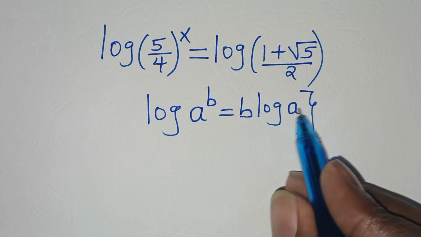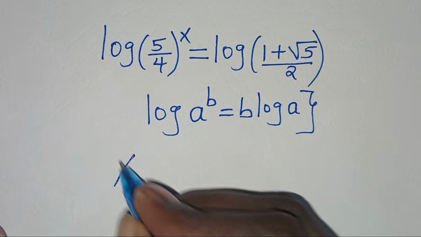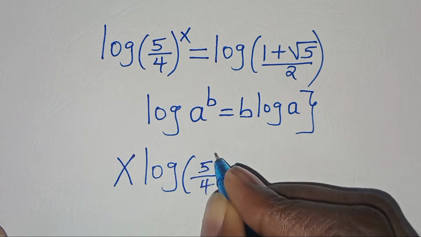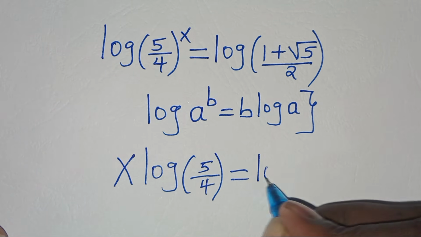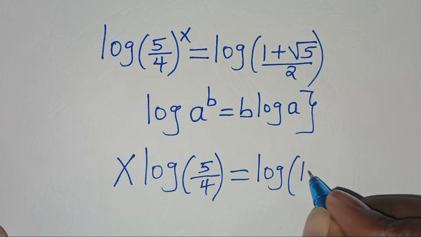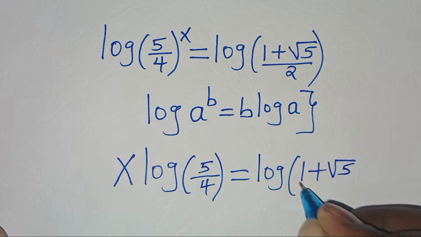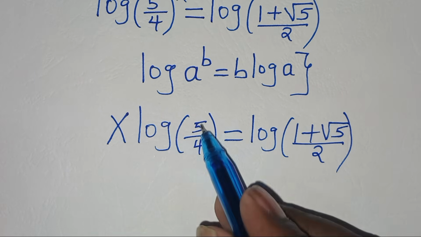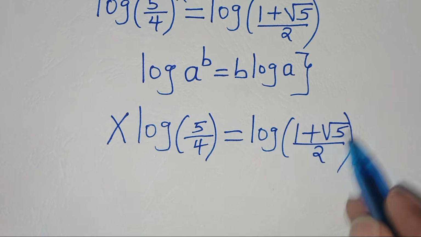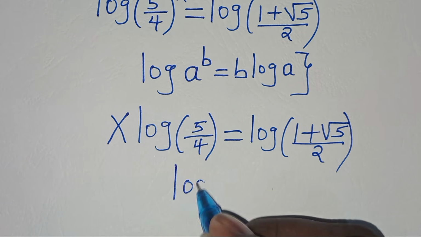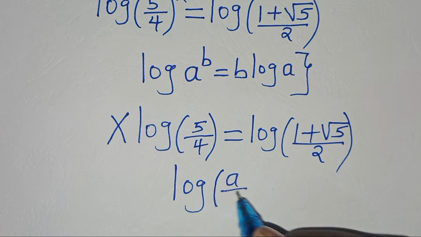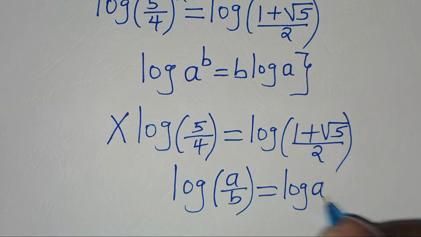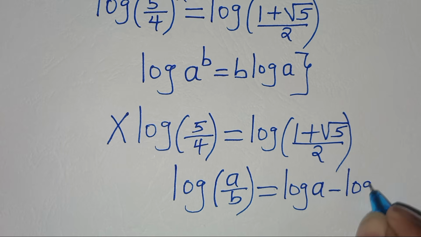Applying the power log property here, we have x log 5 over 4 equal to log (1 plus root 5) over 2. Now, log 5 over 4 and log (1 plus root 5) over 2 are in the form of log a over b, which we can express as log a subtract log b.